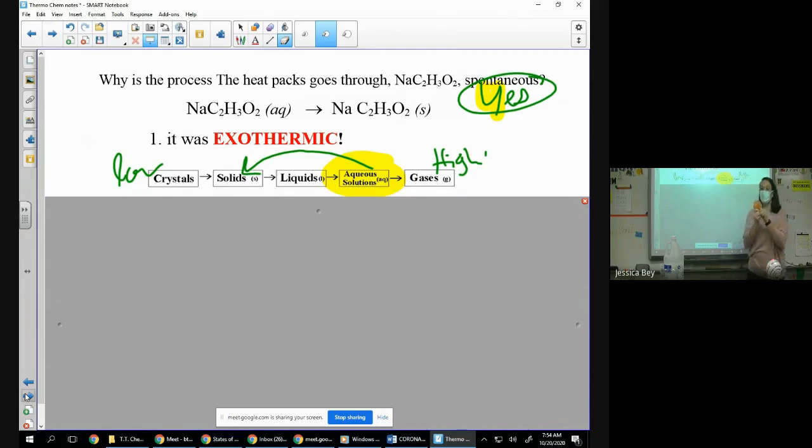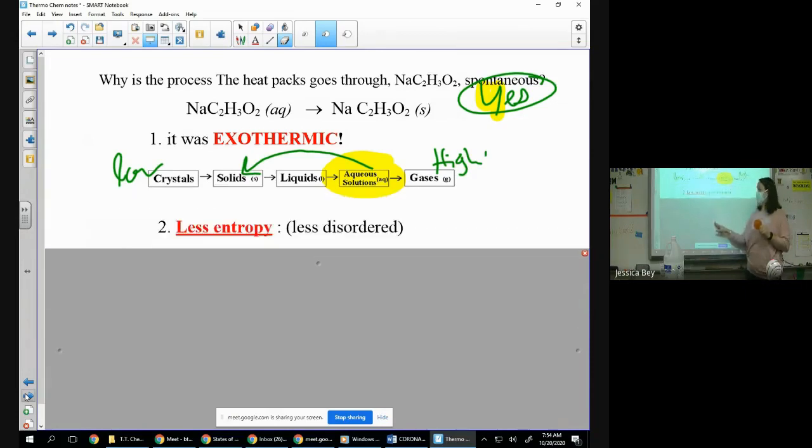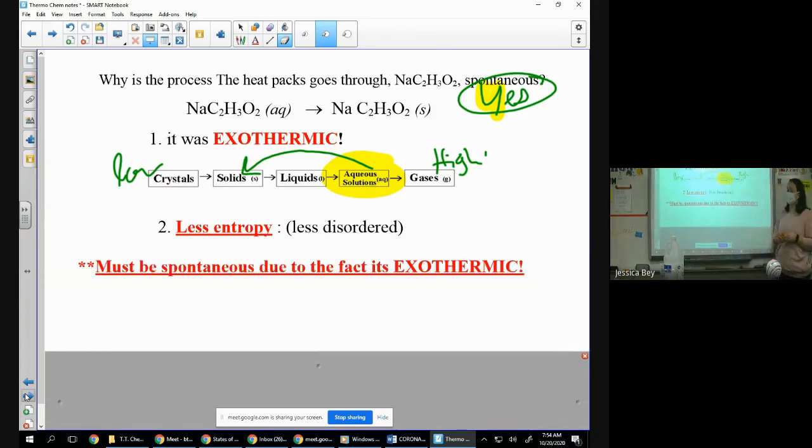Is it becoming more disordered or less disordered? Less, so that's a problem. So what is driving the spontaneity of this? The reason that once I snapped it, it went by itself. What is making this spontaneous? The fact that it was exothermic, okay? You have to have one of the two. Sometimes you have both of the two, okay? But you have to have at least one of the two.